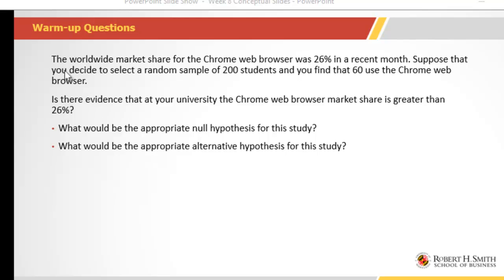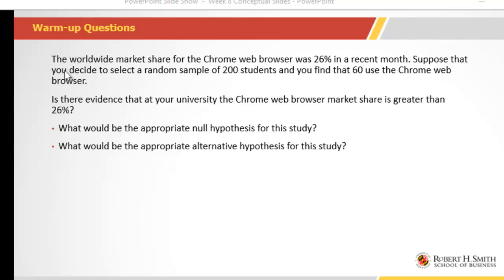It says the worldwide market share for the Chrome web browser was 26% in a recent month. Suppose that you decide to select a random sample of 200 students and you find that 60 use the Chrome web browser. So you're collecting a sample at a particular university. We're going to pretend this is at your university.